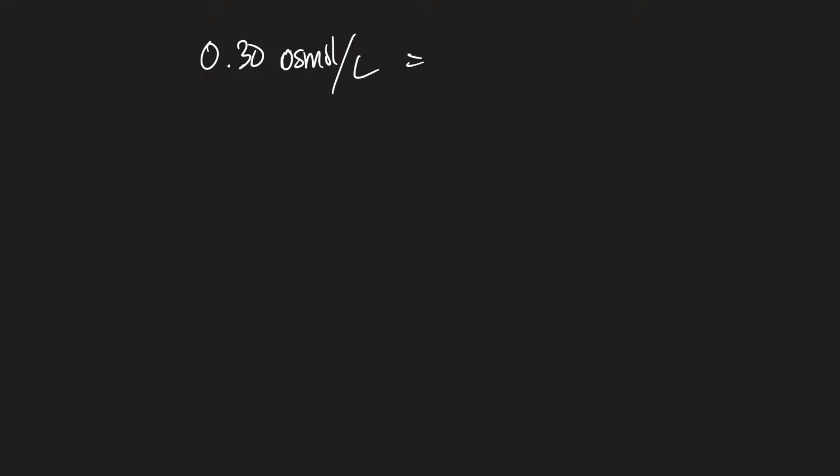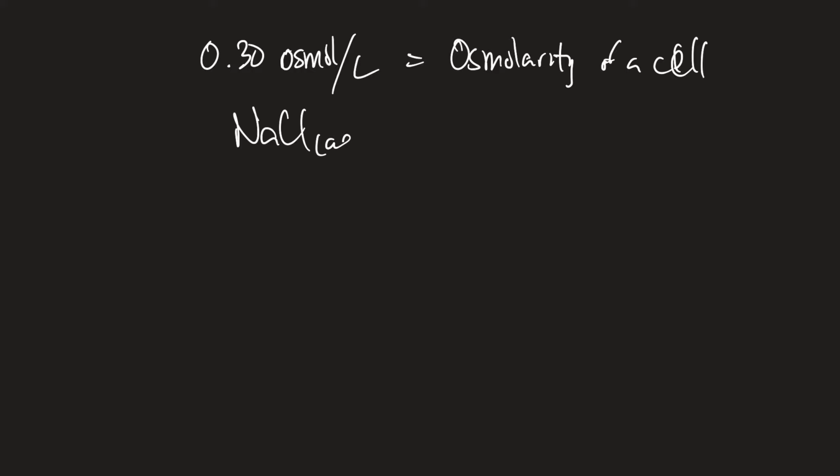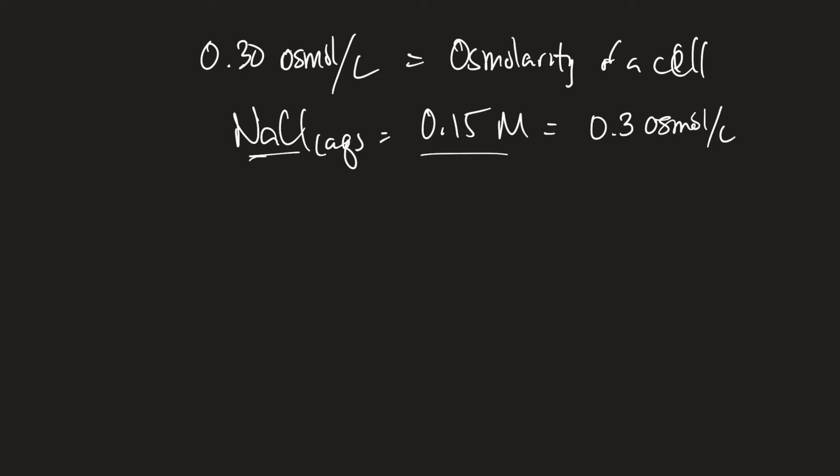Now, if the cell was placed into a saline solution, a sodium chloride solution that's roughly 0.15 molar, remember, we're talking about sodium chloride, so this is roughly 0.3 osmol per liter.